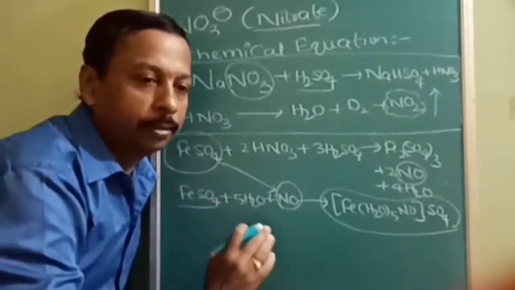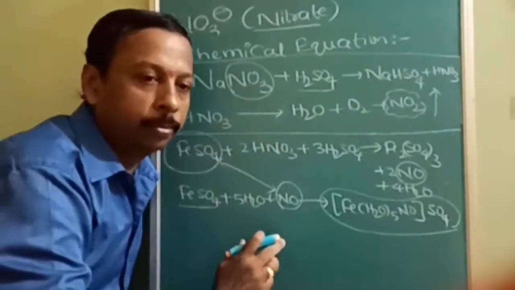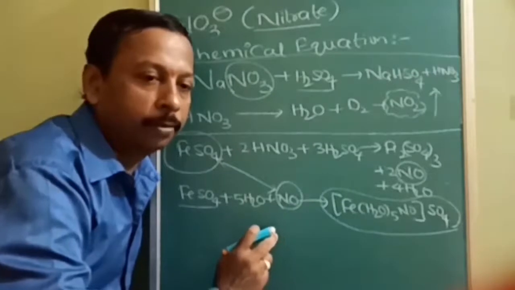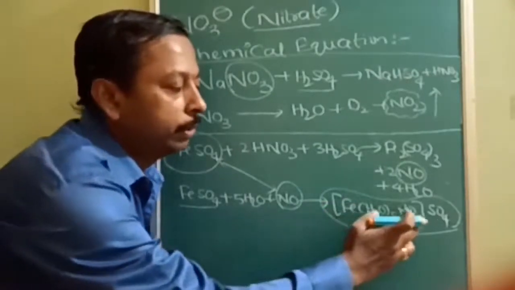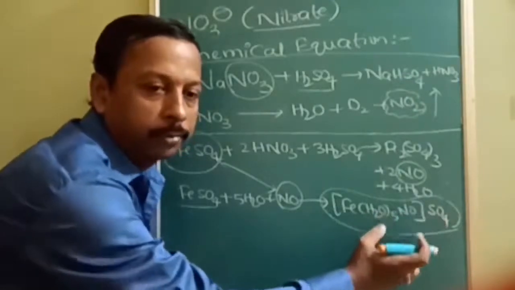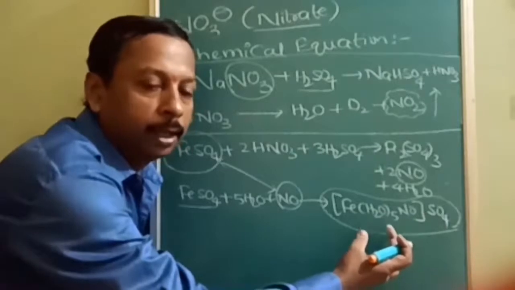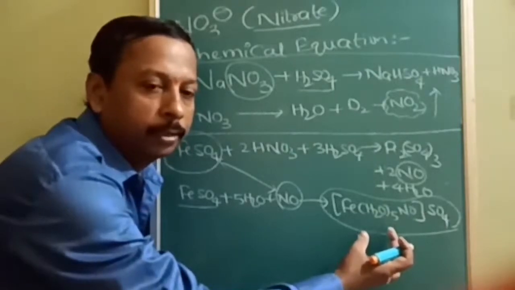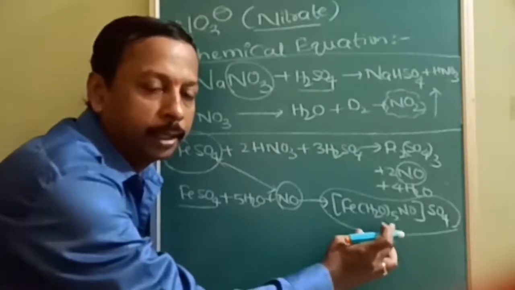In olden days, like 5 to 6 years back, the question used to be what is the chemical formula of the brown ring. So this is the answer: [Fe(H2O)5NO]SO4. Nowadays questions will be what is the IUPAC name of the brown ring. So can you write it? Pentaaqua, like that you can write it.